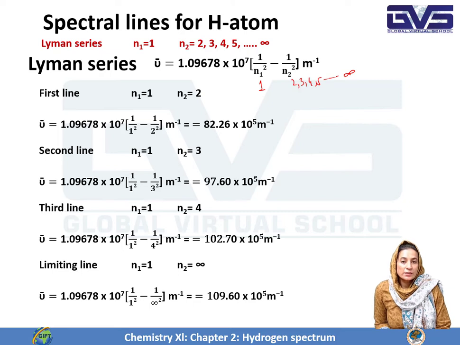Students, here is the solution of those spectral lines. Apparently in the Lyman series, when electrons jump from any orbit to the first, they appear as a single line. But deep down you can see that when an electron jumps from third to first, or second to first, each has its own value of wave number.